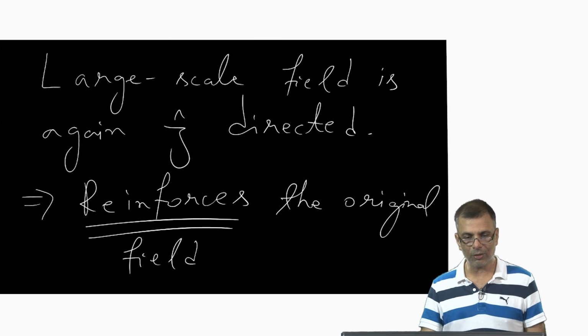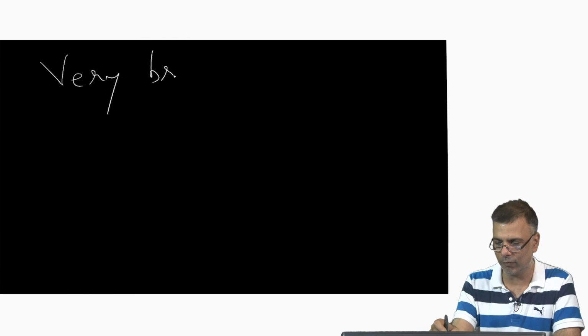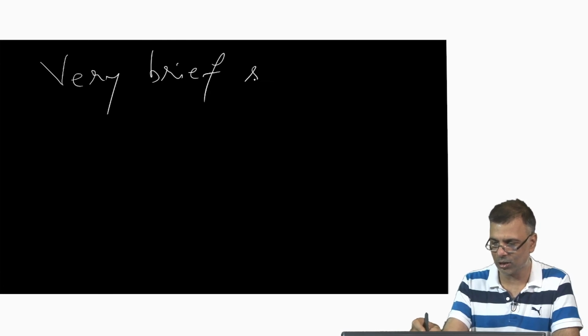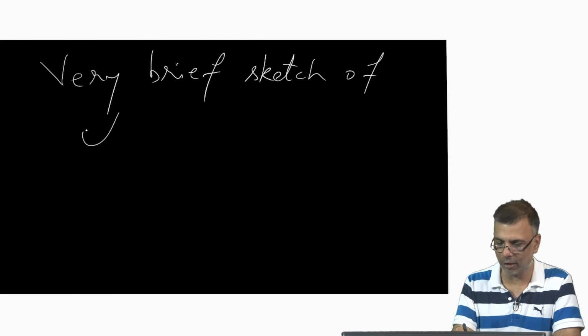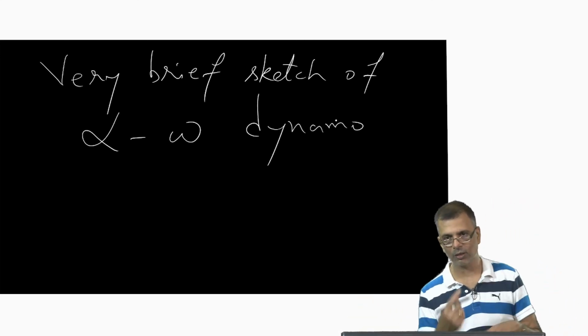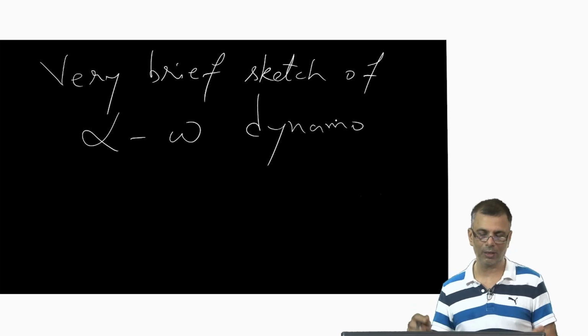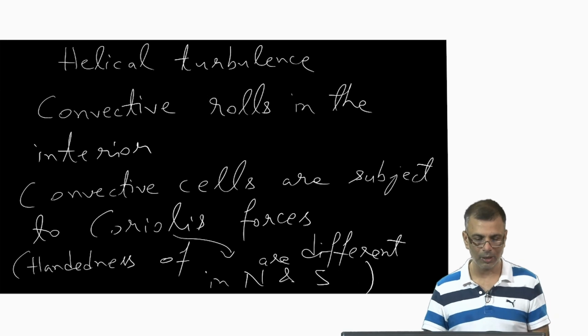All right. So, this is a very brief sketch of what is called the alpha omega dynamo. The omega refers to the differential rotation, because omega is generally the angular velocity, and the alpha refers to this kind of helical turbulence, so to speak.